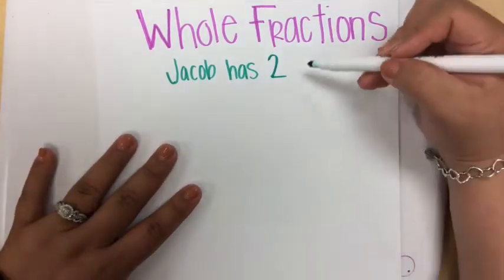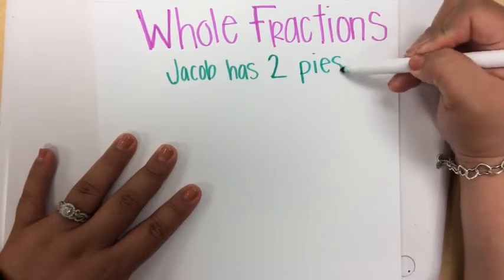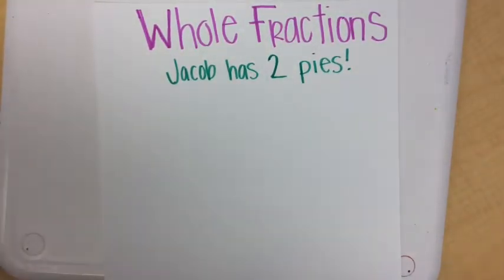We'll do 2 pies. Can we do that in marker? Let's have you do it in pencil first, and then you'll go back and trace it over with marker, okay?